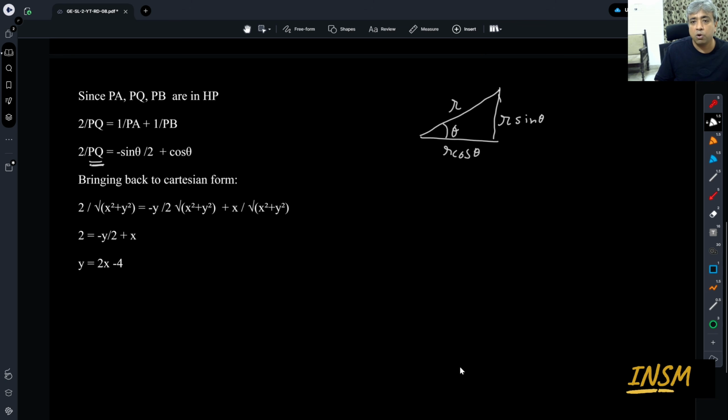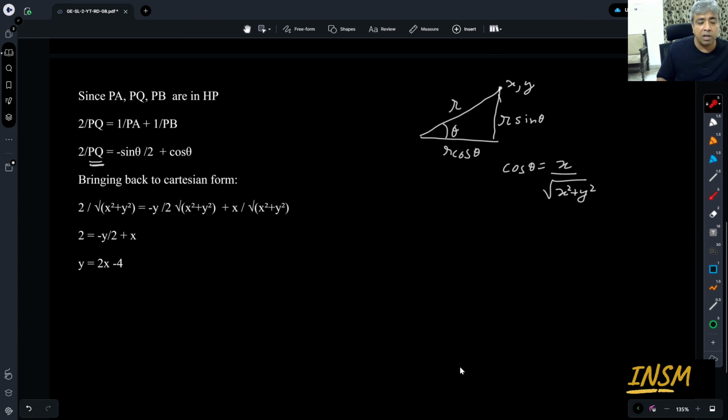Okay. And if this coordinate is say x comma y, so cos theta is x upon under root x square plus y square. Similarly, sin theta would be y upon under root x square plus y square.